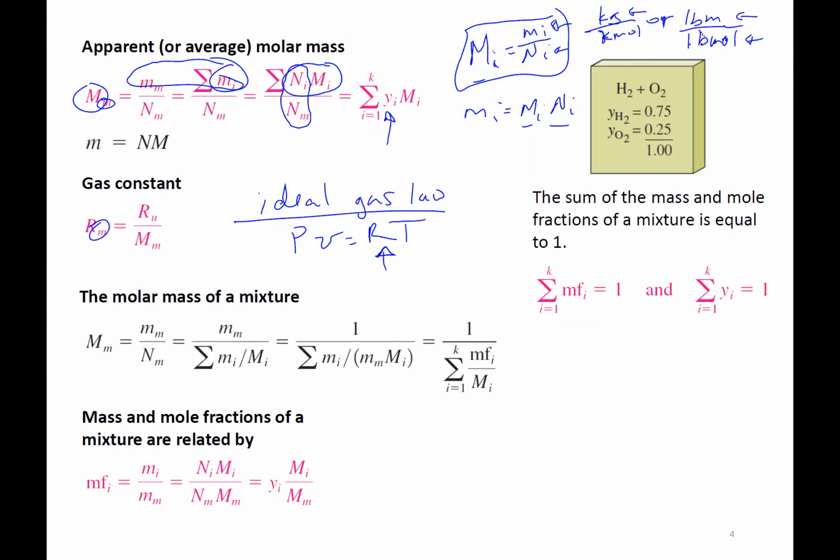Well, this is the gas constant. If we're applying it to a mixture, we need R of that mixture. So here's the way to get the gas constant of the mixture: you take the universal gas constant and divide it by the mixture's molar mass. So we'd have to get the molar mass of that mixture.